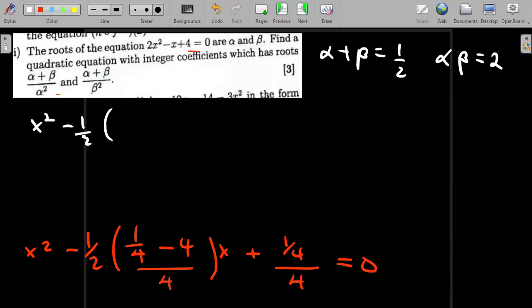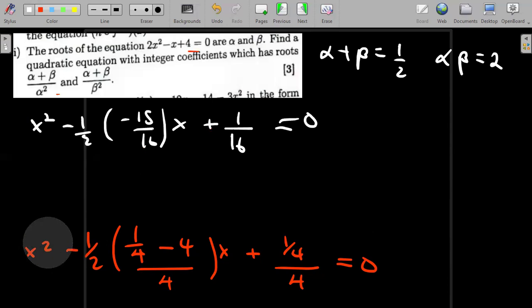So that gives me negative 15 over 16, then x. Then for the other one I have 1 over 4, divided by 4, which gives me plus 1 over 16 is equal to 0.